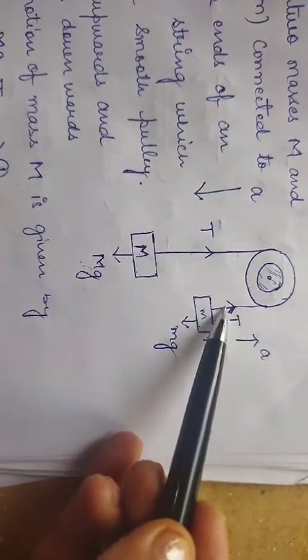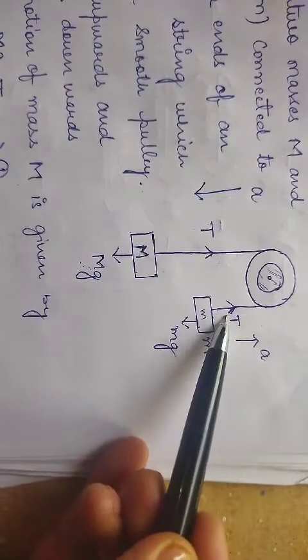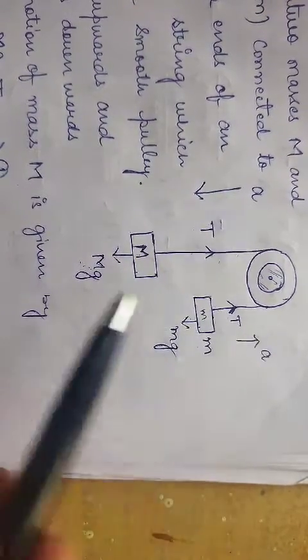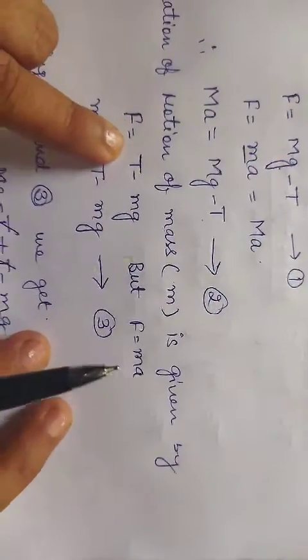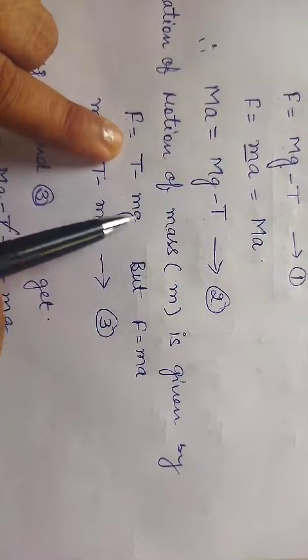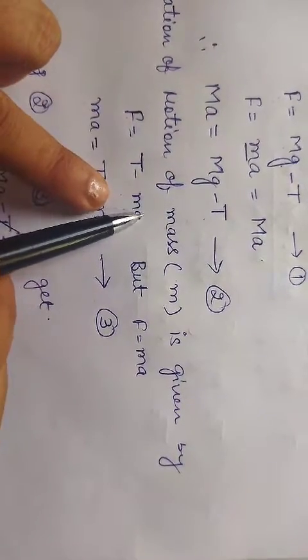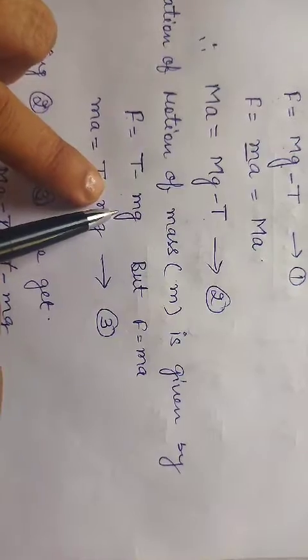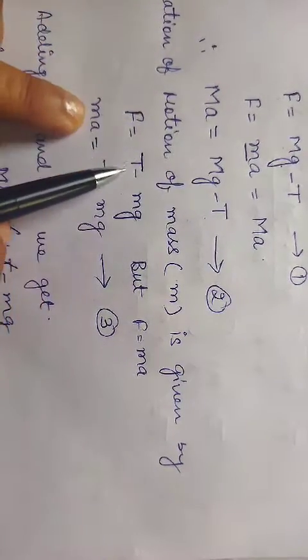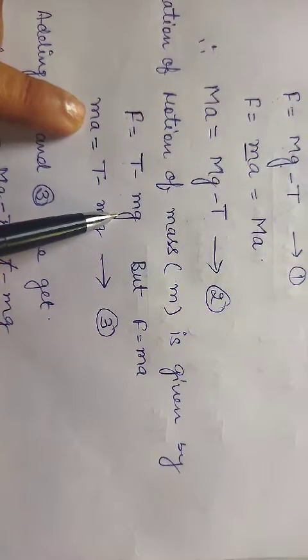And the tension in the string, that is the force in the string that holds this weight, is also in the upward direction. So the net force F is equal to T minus mg, because mg is the weight acting vertically downward and the total force is acting upward. So F is equal to T minus mg.